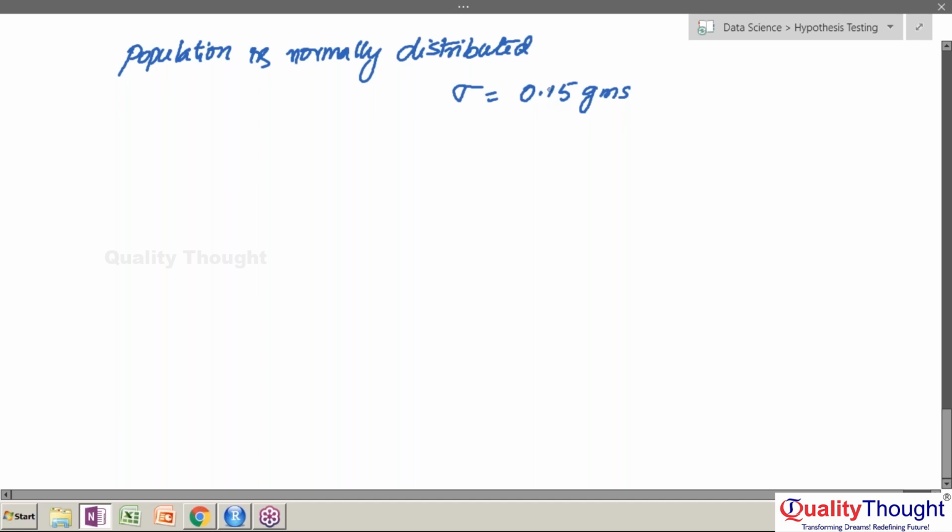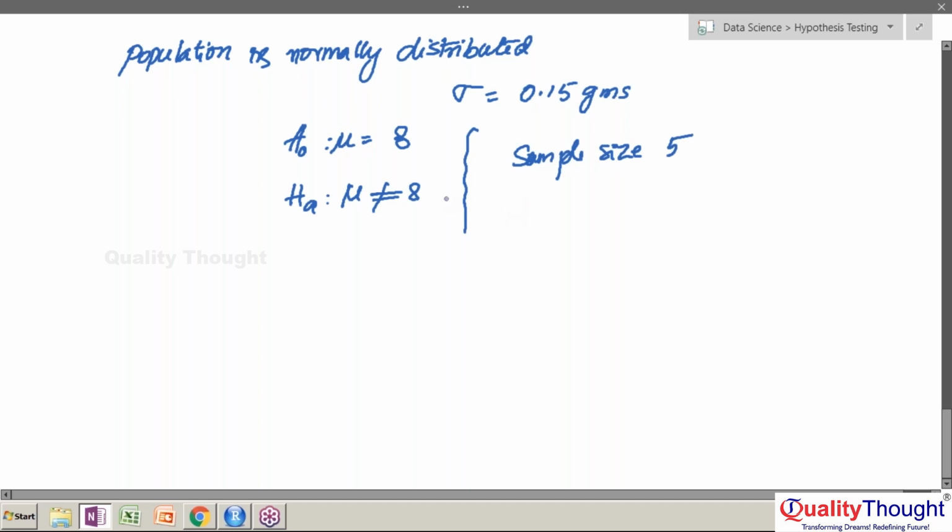The test of hypothesis should become H naught: mu is equal to 8, whereas the alternative hypothesis is mu is not equal to 8. This is the sum that I'm talking about, where it is performed with a sample size of 5.